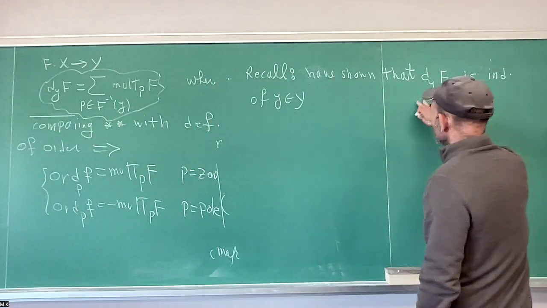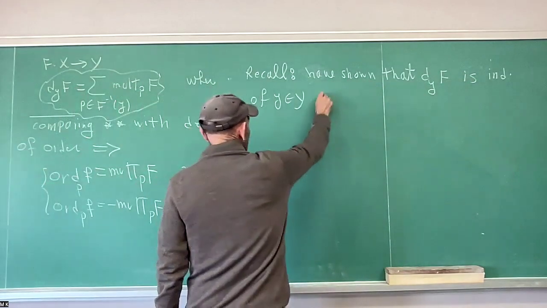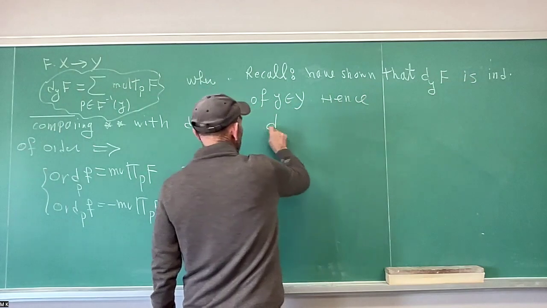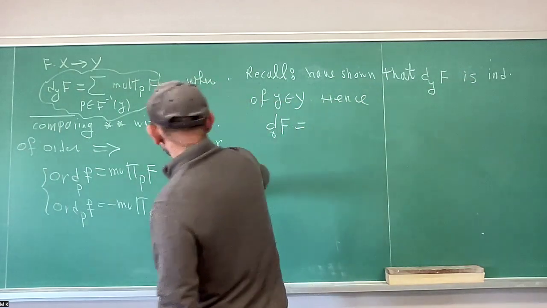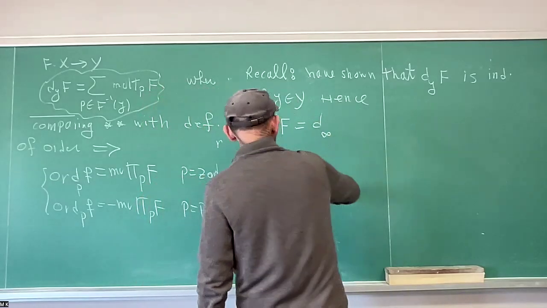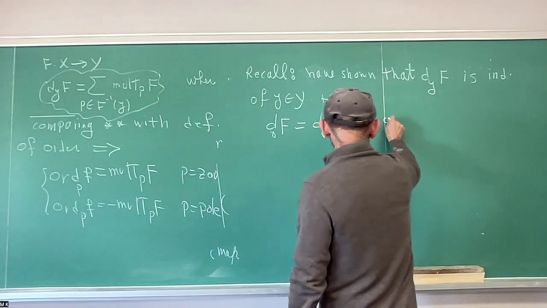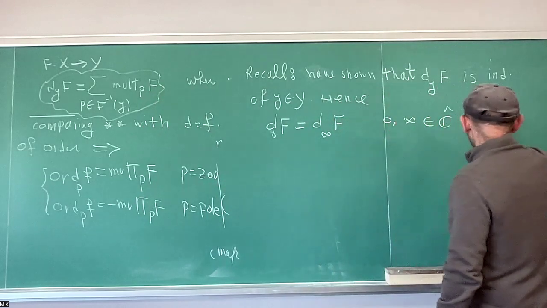So this is independent of y. Now we are going to compare this at two points: d_0 of f, computed with respect to the point 0, and with respect to the point infinity. For 0 and infinity are two points belonging to C hat. That's our y this time.